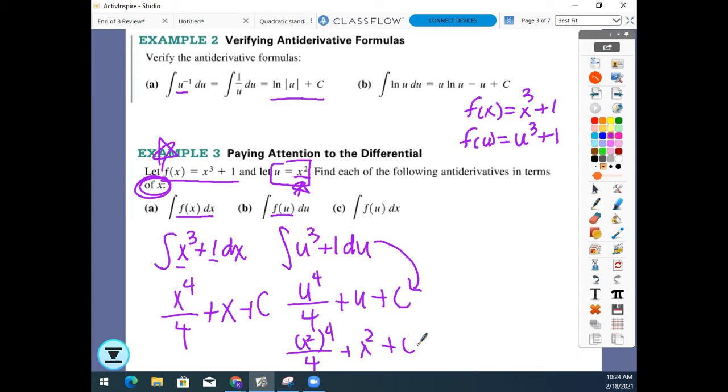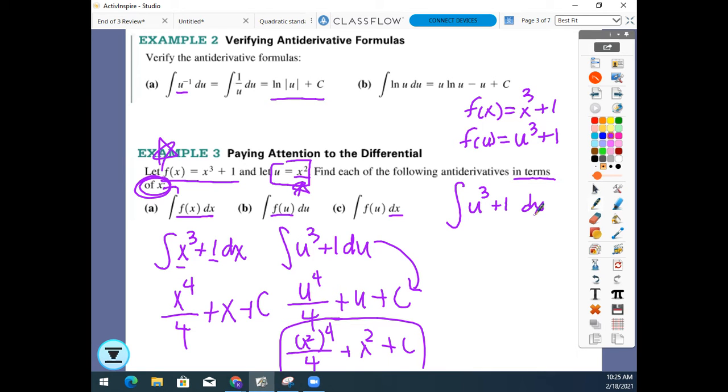So if they want it in terms of x, you just need to make sure your final answer is in terms of x. All right, so notice here, f of u dx, see when this matches, we can just do our antiderivative. So let's think about this. F of u is u to the third plus 1 dx.